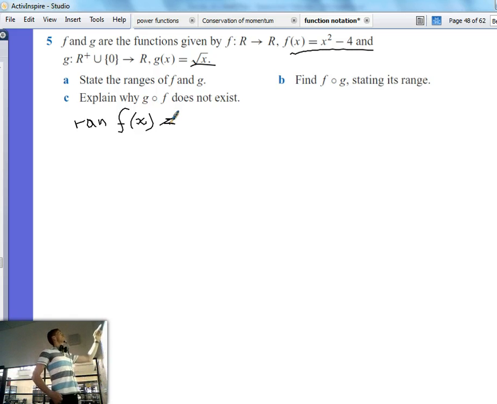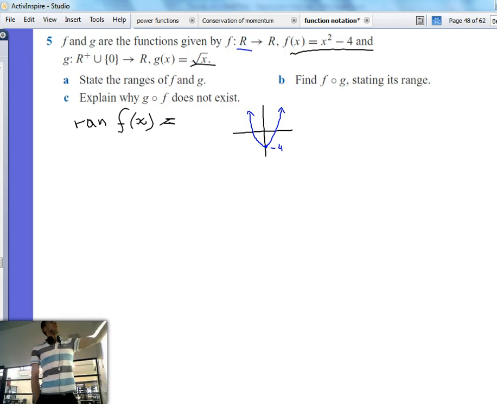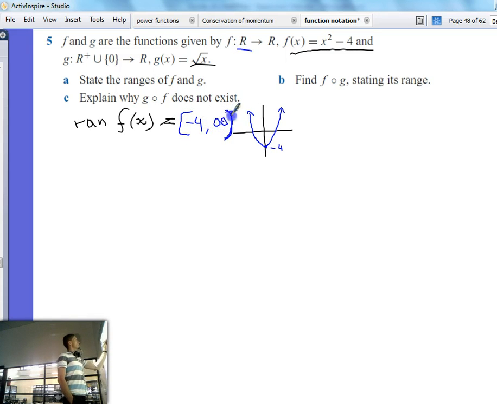So if we consider the parabola of the f of x function, then x squared minus 4, that's a parabola that comes down, has a turning point at y equals negative 4, and then continues. And this is for all real numbers. So what range do we obtain from that? The minimum y value is negative 4, the maximum is infinity. So it goes from negative 4 to infinity, with a round bracket, because we can't get to infinity.